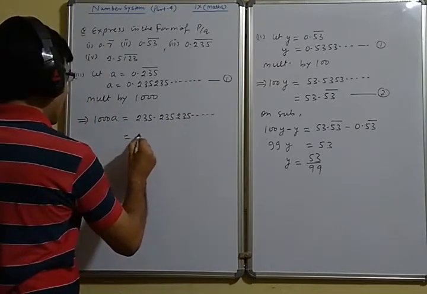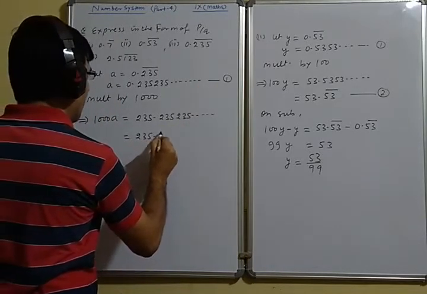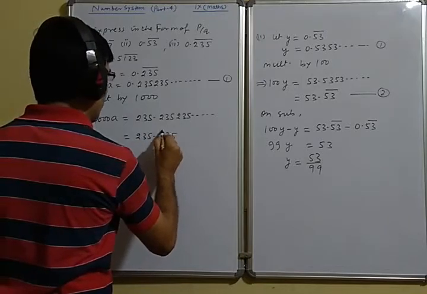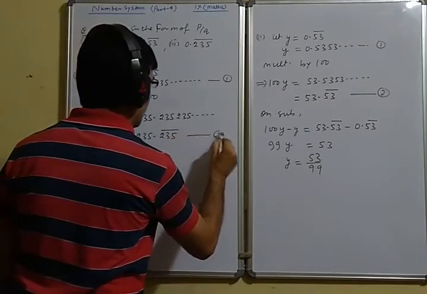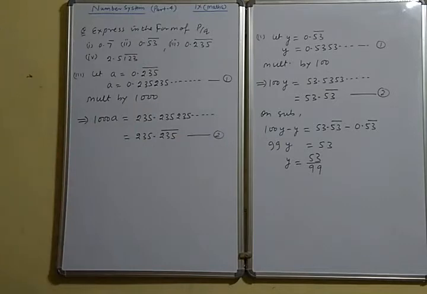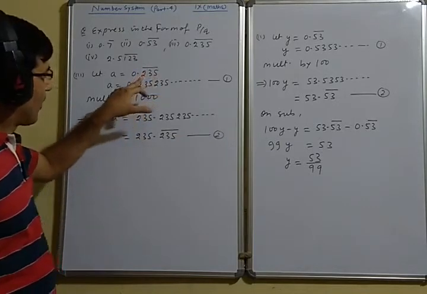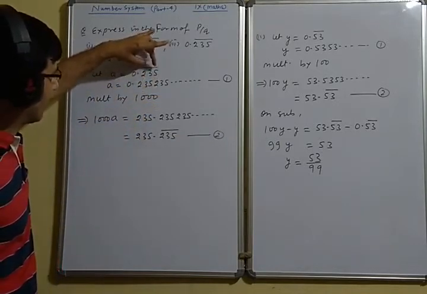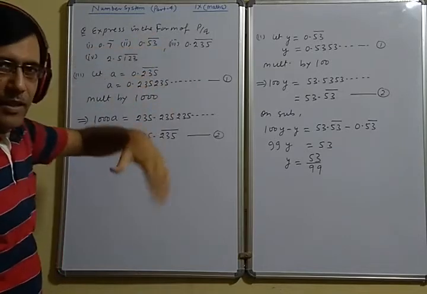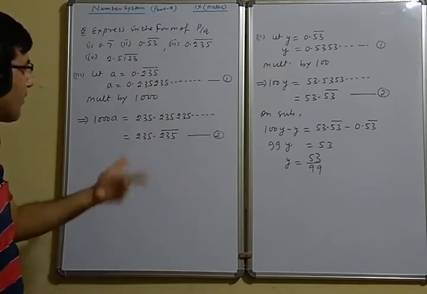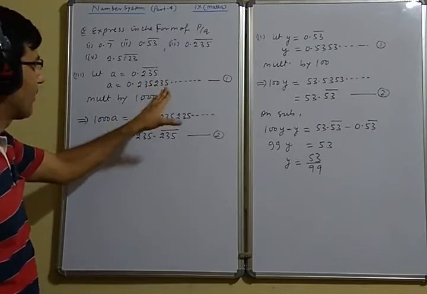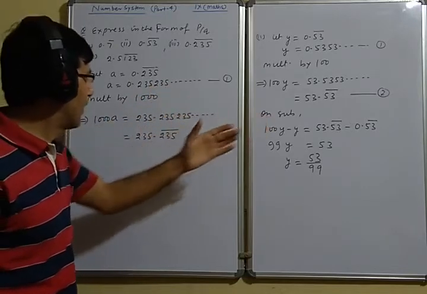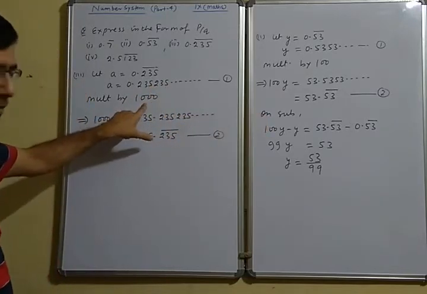So what can we write? 235.235 bar, that is equation number 2. Since the repeating block here contains 3 digits, after each 3 digits get repeated, 235, 235, 235 and so on. So we multiply by 1000.